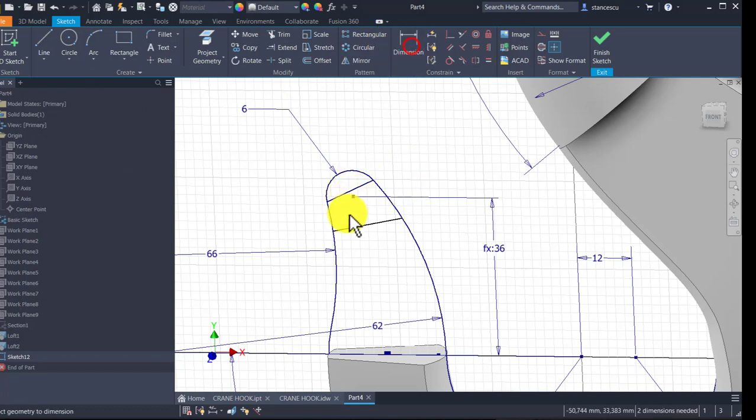Dimension from this midpoint to this line of 30.